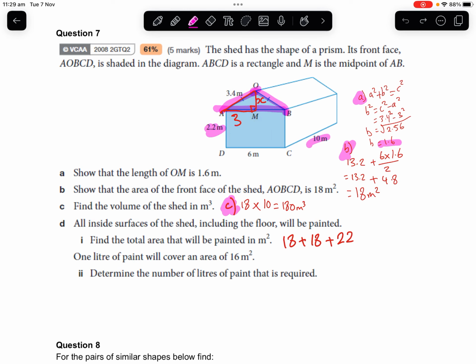That's also 2.2 times 10, so 22. Then we need to find the base, the side that is touching the ground, which is 6 times 10, so 60.